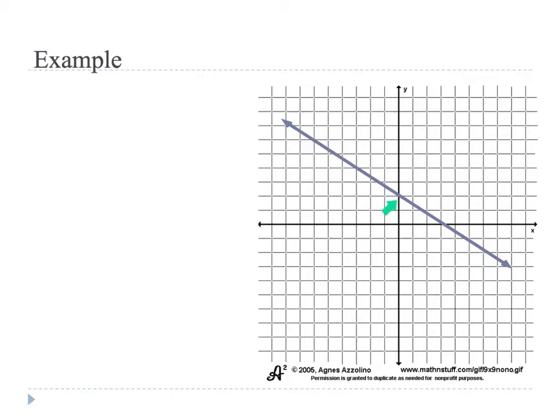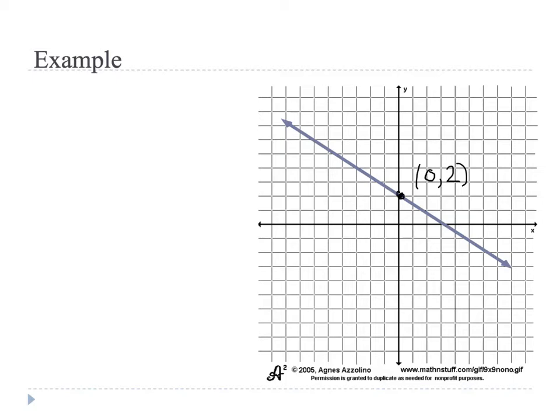I'm just going to choose our y-intercept here. So putting that point there, and I'm going to label it because we need our x and y of that coordinate. So our x is 0 and our y is up 1, 2. So 0, 2 is that point.